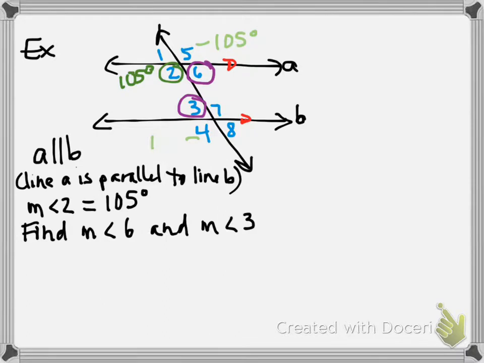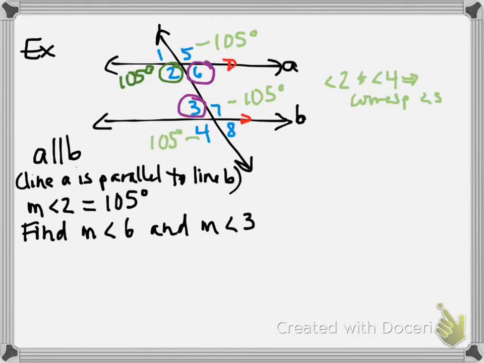Corresponding. 5 and 7 do not correspond to 2. Angle 2 and angle 4 are corresponding angles. And we know that corresponding angles are equal to each other, so I agree that angle 2 and angle 4 would have to be 105.